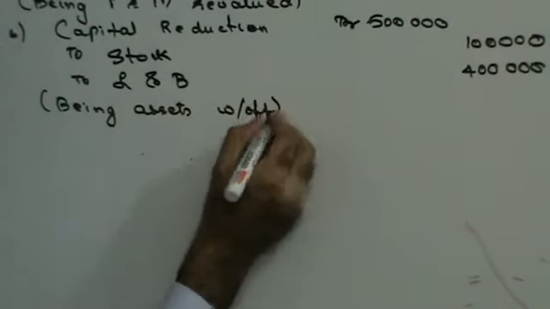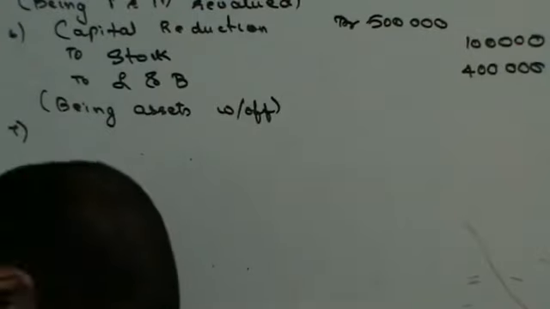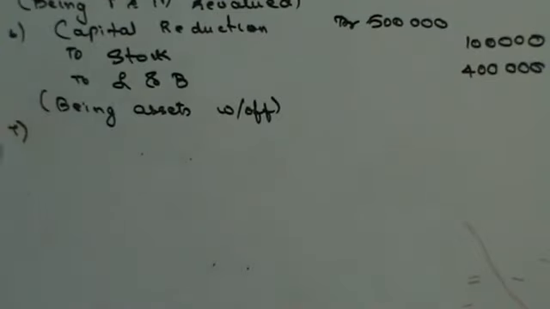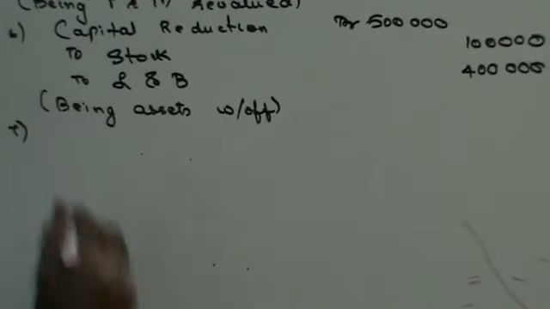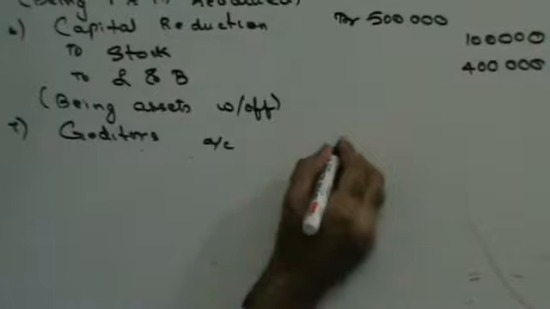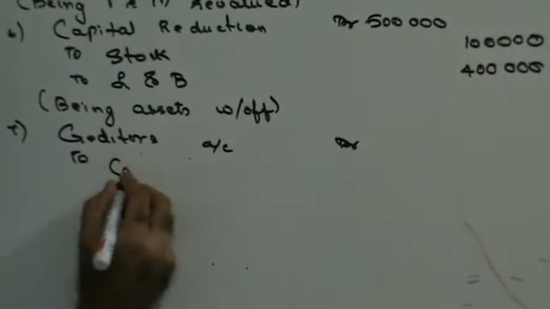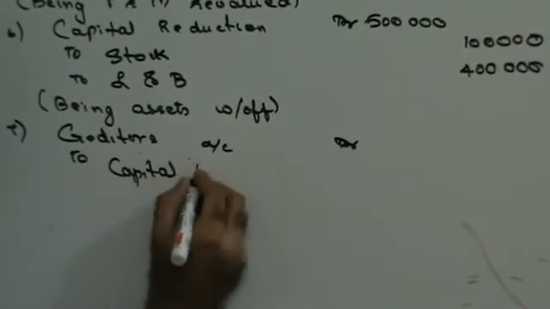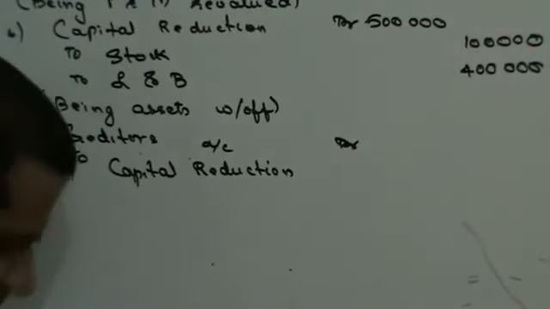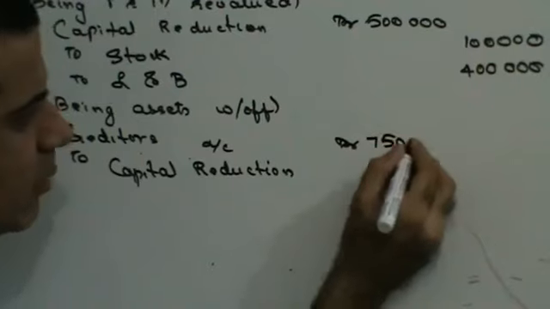Next, let's move on ahead. Creditors agree to forego their claim by 10%. Now, liability going down, capital reduction on the credit side. So this is going to be creditors account debit to capital reduction. 10% on 7,50,000 is 75,000.